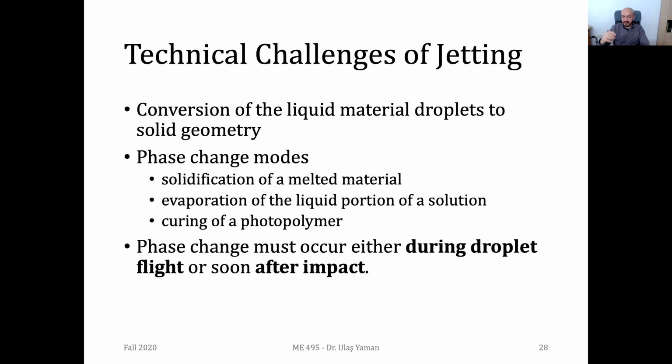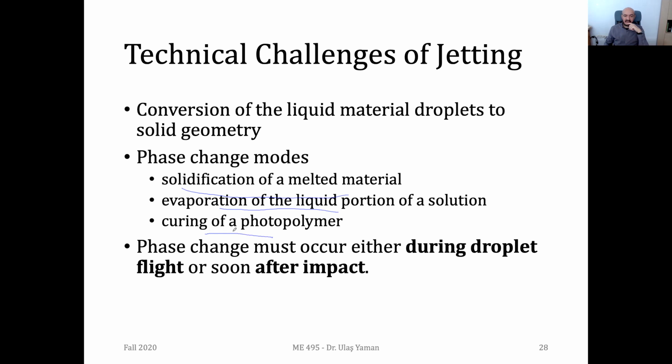We can do it by simply solidifying a melted material, or if you have a carrier fluid, you may simply evaporate this carrier liquid from your material, or lastly, you may do a quick photopolymerization process. If you have lights beside your head, then with the help of them, you may start the initiation, the polymerization, and cure your photopolymer.